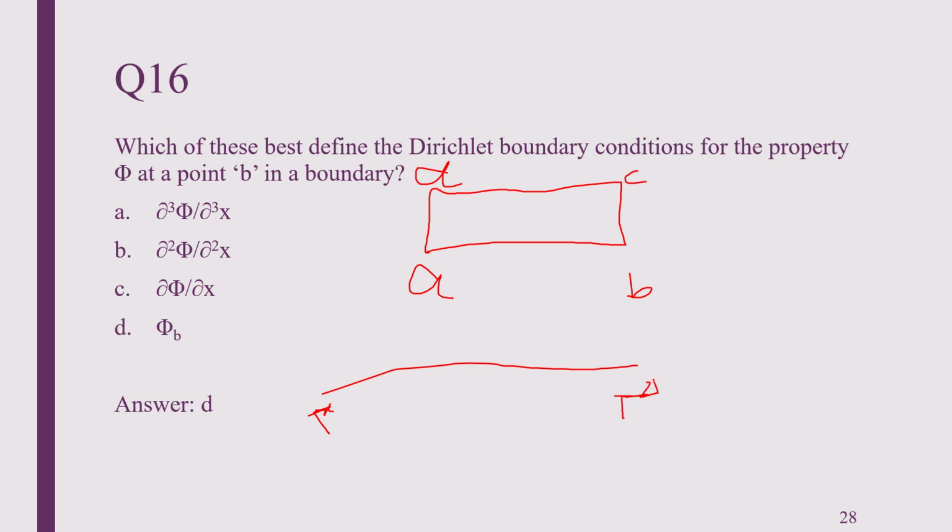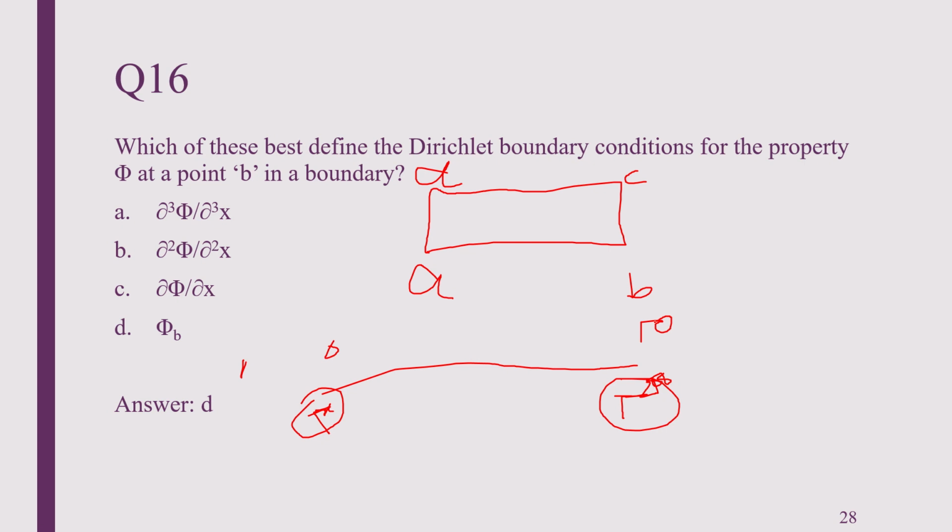Like here, let us keep, we are heating it at 100 degrees Celsius, and here it is at room temperature. So we know the values here and here. We know the values at x equal to 0 and x equal to 10 meters or something. So this is known as Dirichlet boundary conditions.